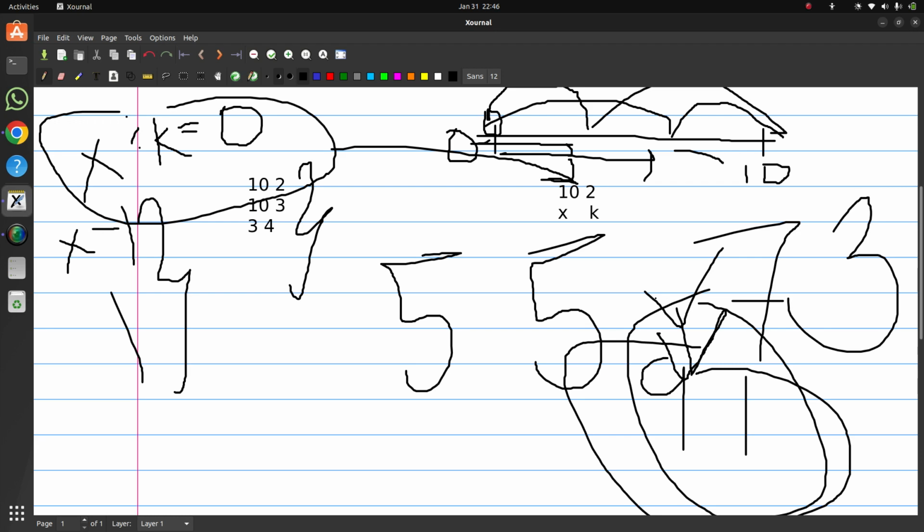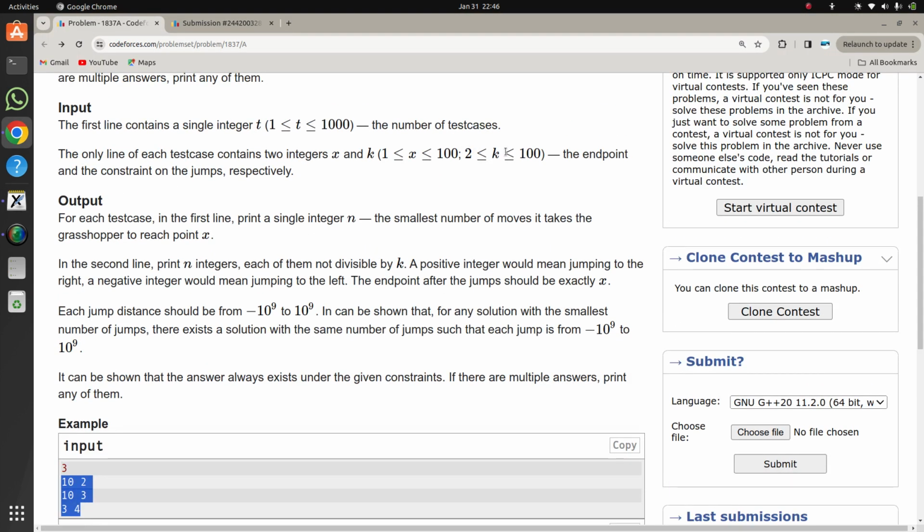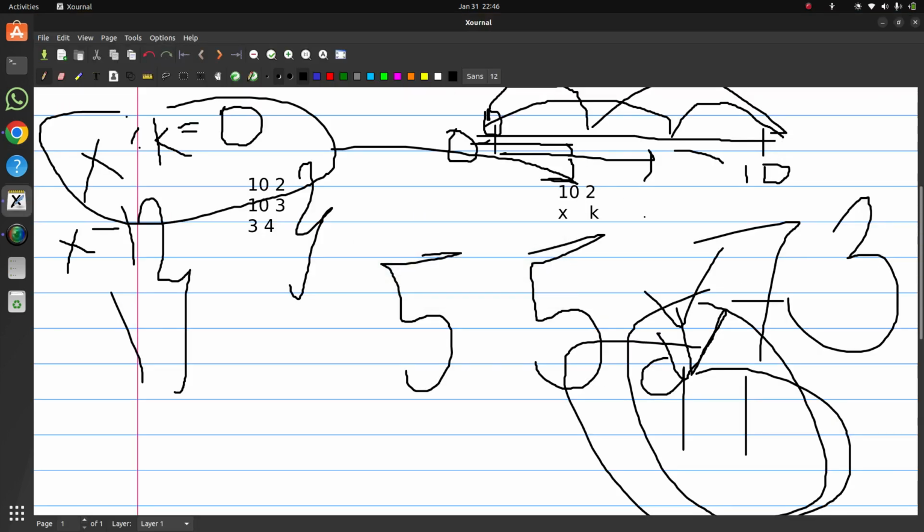If x is divisible by k, then x minus 1 would not be divisible by k. And 1 is the smallest number, so it cannot be divisible by any k, as the constraint says that k starts from 2, which means k can never divide 1. That's why we stick to this approach.